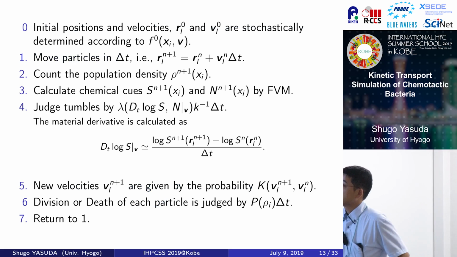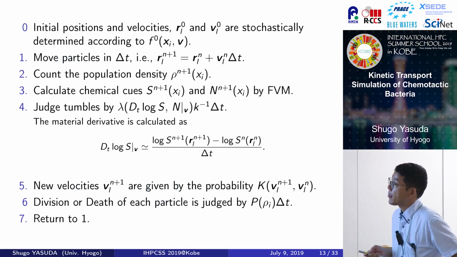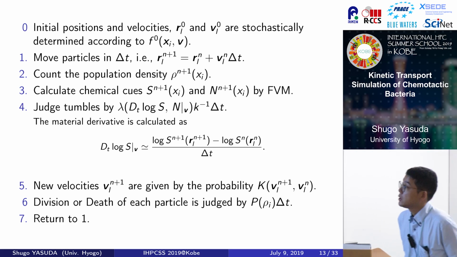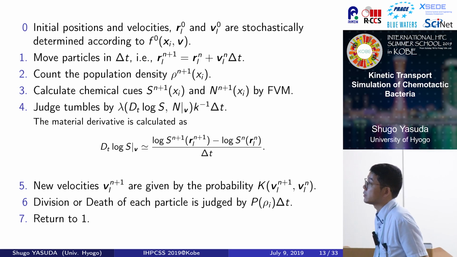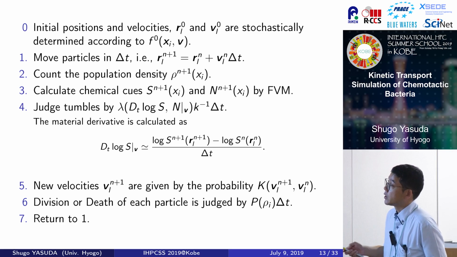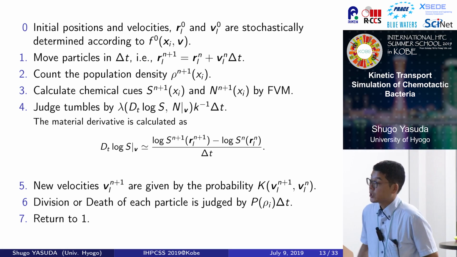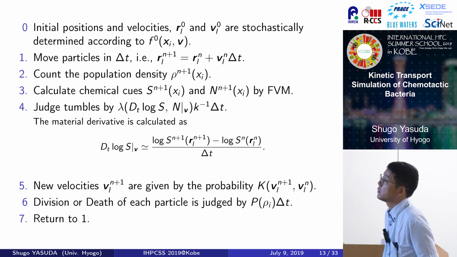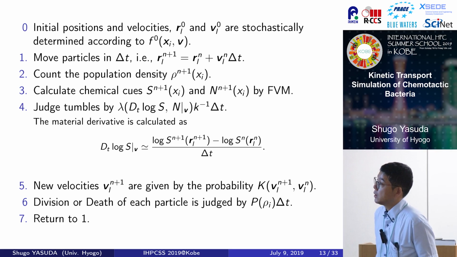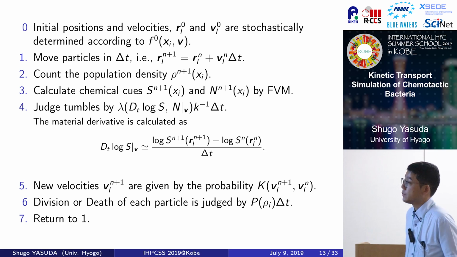So individual processes are described like this. First, we give the initial position and velocities of each Monte Carlo particle according to the initial velocity distribution function, and move the Monte Carlo particles in the time step size delta t, and then count the population density at each lattice site.